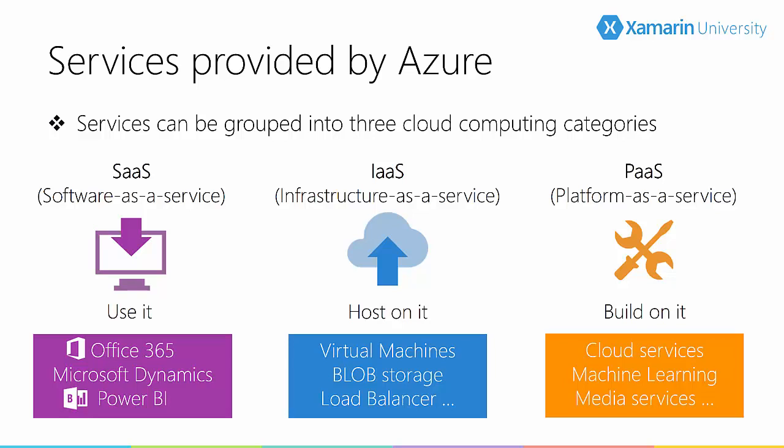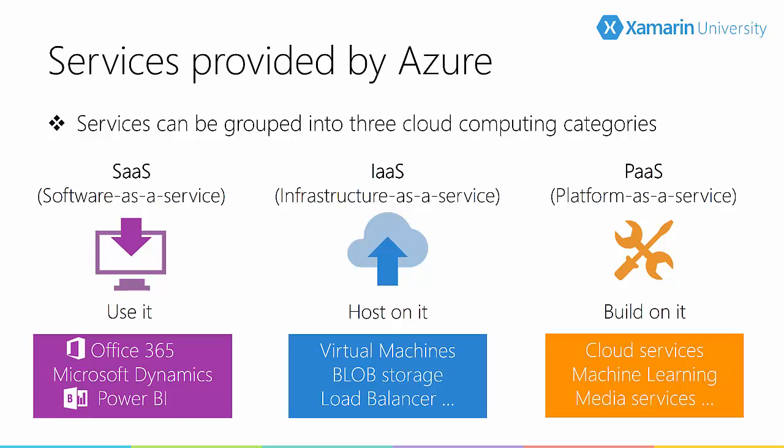On the platform as a service side, this is where we have cloud services, which are stateless web VM containers to execute our apps, or analytic platforms where we can build data-driven workflows between our local, cloud, and internet services with data processing logic, or media services used for encoding, content protection, and streaming of AV resources for our applications.